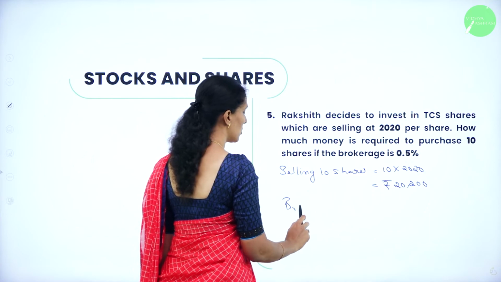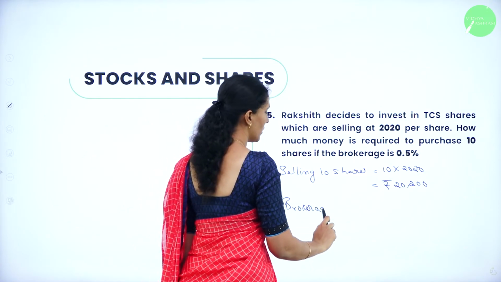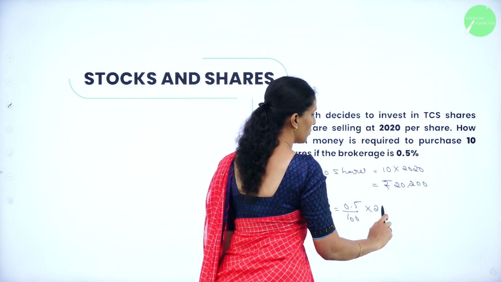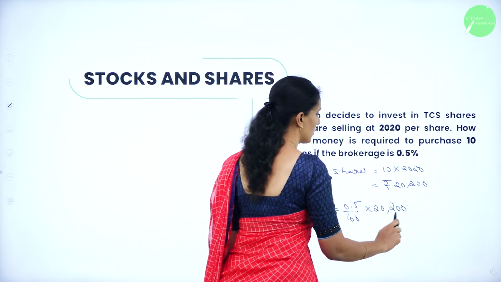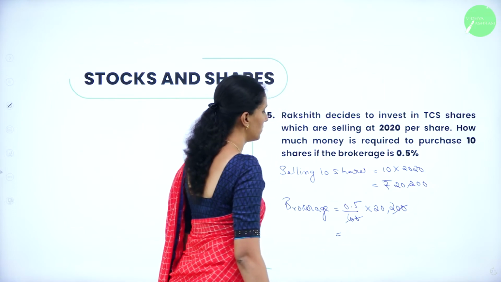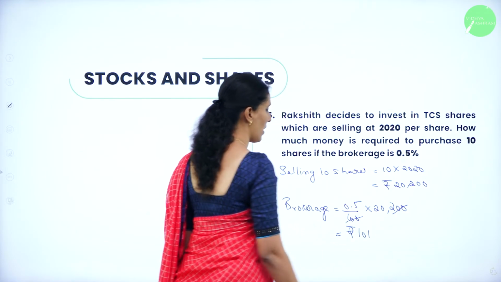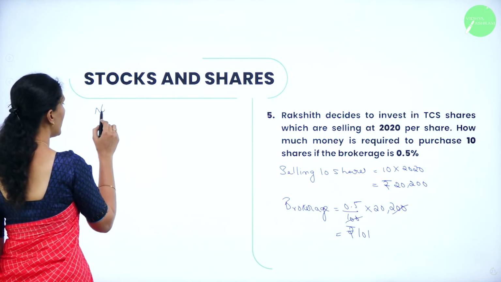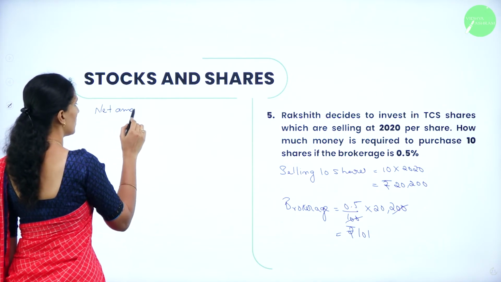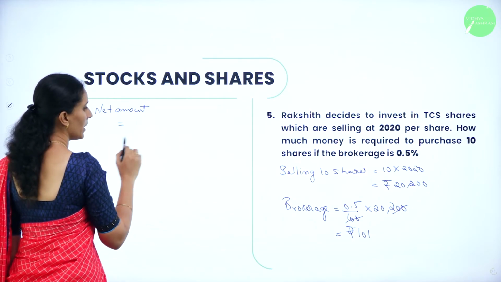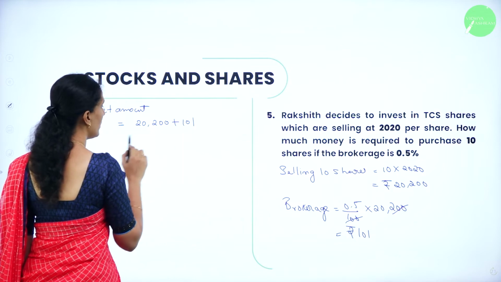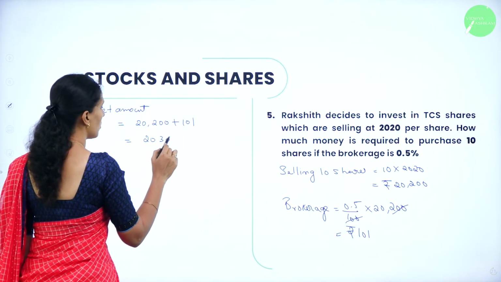Now, brokerage will be equal to 0.5 by 100 into 20,200, that is equal to rupees 101. So, therefore, the net amount will be equal to 20,200 plus 101 is equal to 20,301.